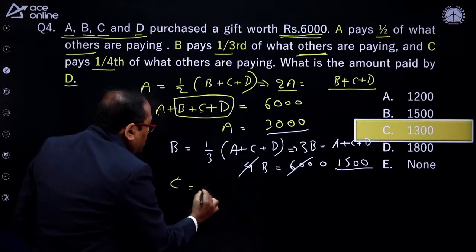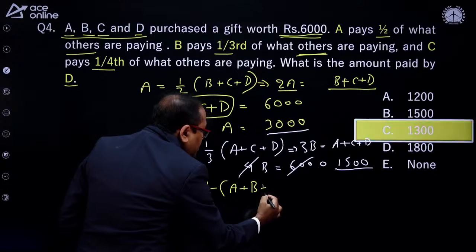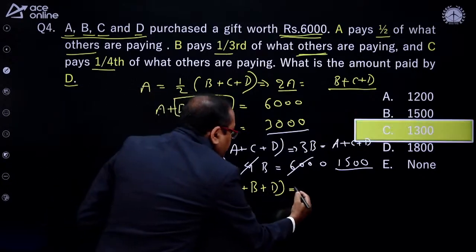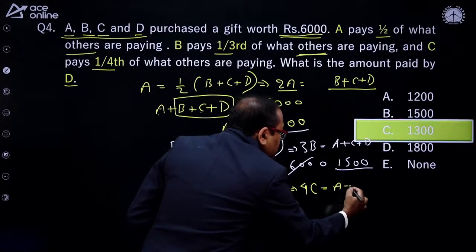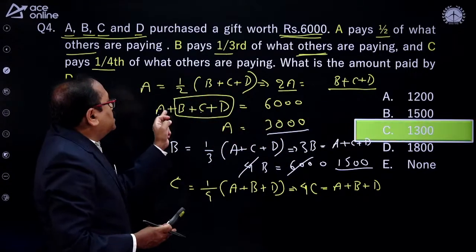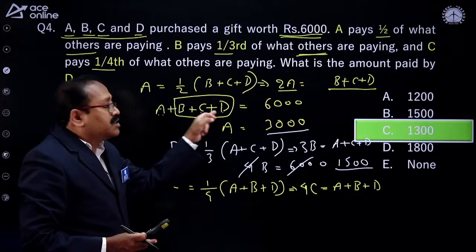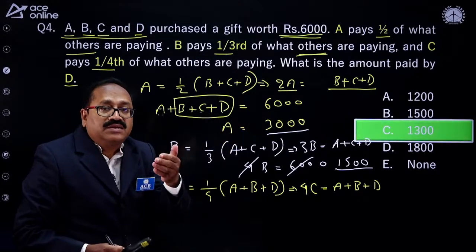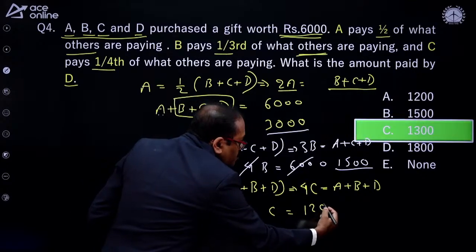So C is equal to 1/4 of the others, that is A plus B plus D. So I am getting this expansion here, that is 4C is equal to A plus B plus D. So if I replace this A plus B plus D with 4C, I will get the total 5C, and 5C is equal to 6,000. Then what is C? C will be 1,200. So I am directly writing over here C is equal to 1,200.